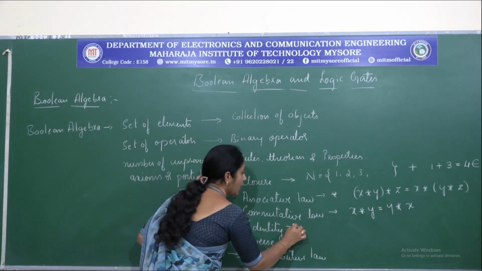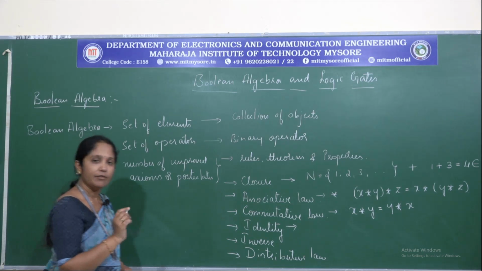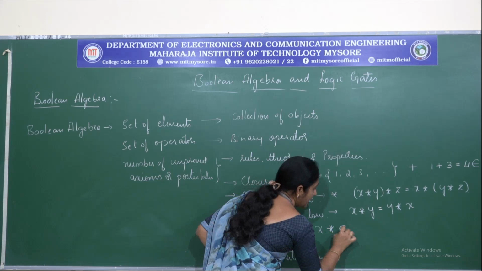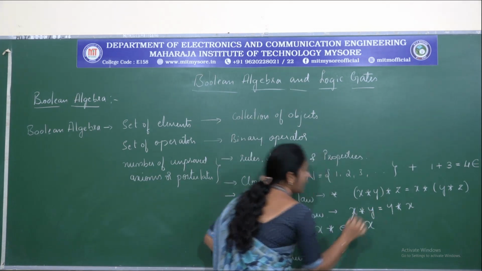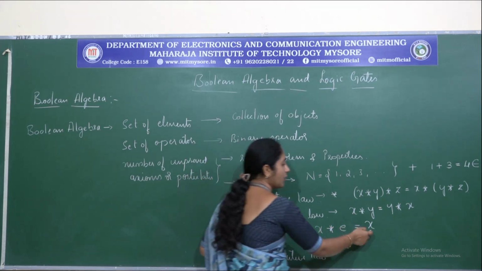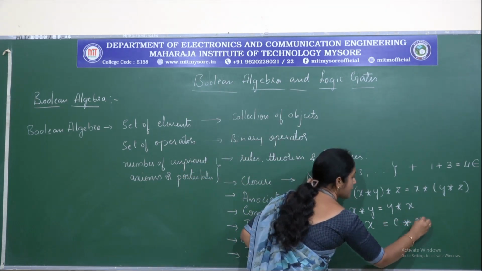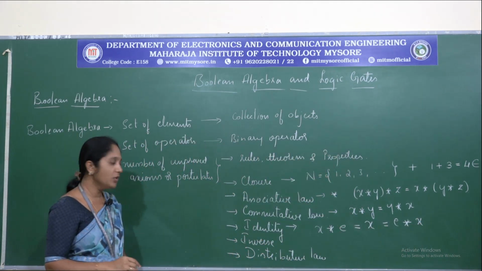Then identity: a set S is said to have an identity element if there is an element E such that x star E is equal to x, and E star x is also equal to x. Next we have inverse.